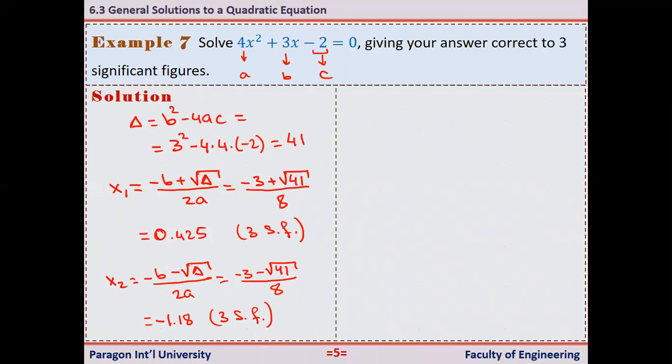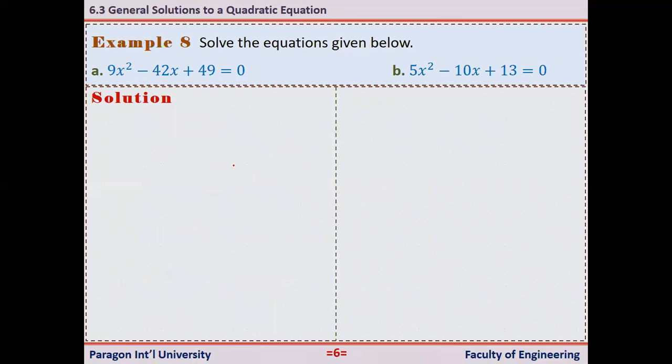Another example: solve the equations given below using the formula. Question A is already in standard form, so we don't have to do anything. Immediately we can use the formula.